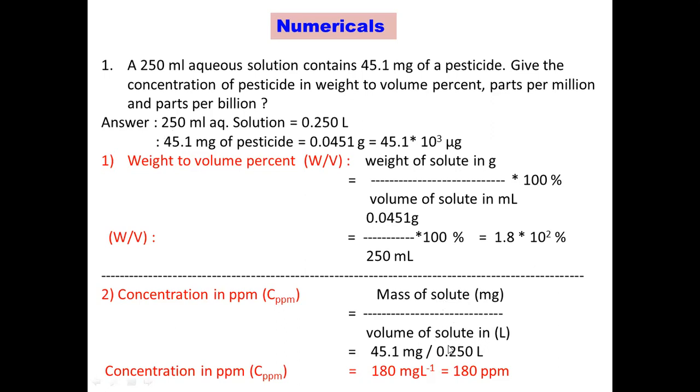So mass of solute is 45.1 milligram of pesticide, divided by 0.250 liter. The concentration in ppm will be 180 milligram per liter, so that is 180 ppm. The solution concentration for 45.1 milligram of pesticide will be 180 ppm.